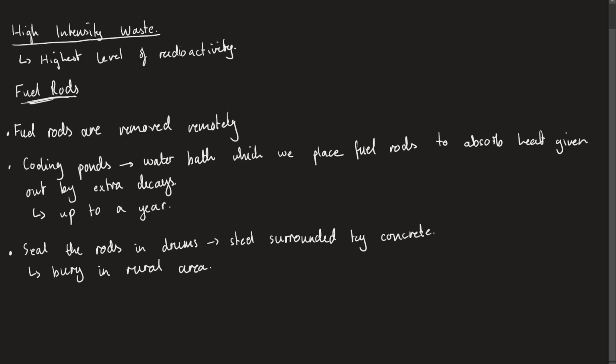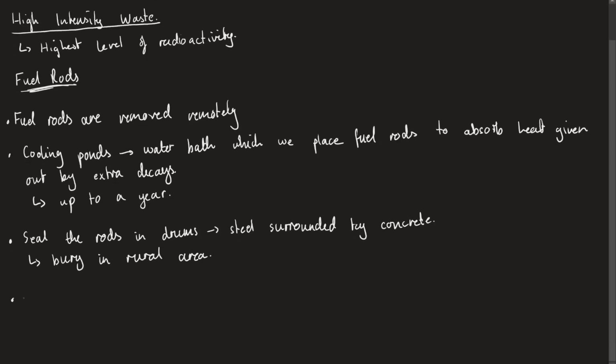There is also another method of doing this, which is called vitrification. Now, before vitrification occurs, we will first of all try and use up any of the extra fuel.